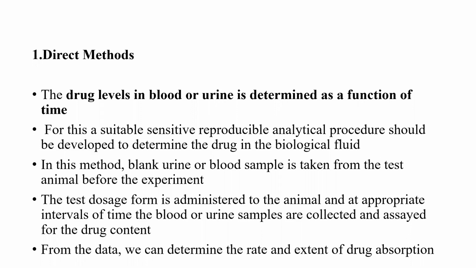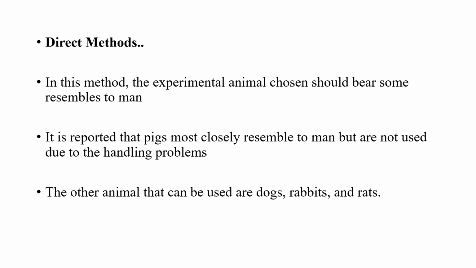After collecting, the assay for the drug content is done, and from this data we can determine the rate and extent of drug absorption. The experimental animal chosen should bear some resemblance to man. Pigs are very close to man, but they are not used because they are difficult to handle. Other animals used are dogs, rabbits, and rats.